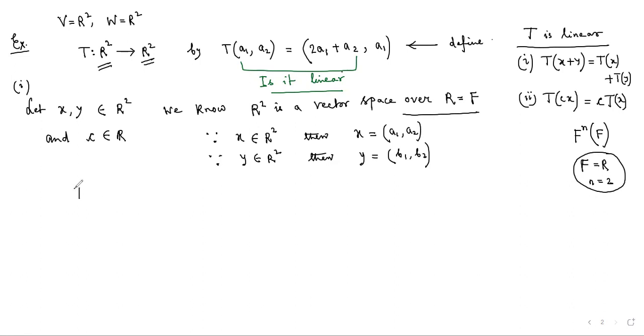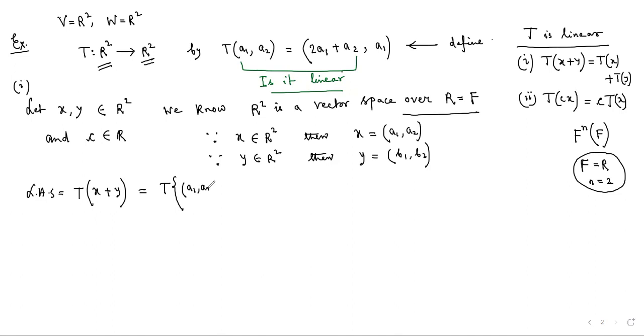We want to find out what is the form of T of X plus Y. So let's start. This is the left hand side. Now T of X plus Y means you are going to substitute the form of X over here.